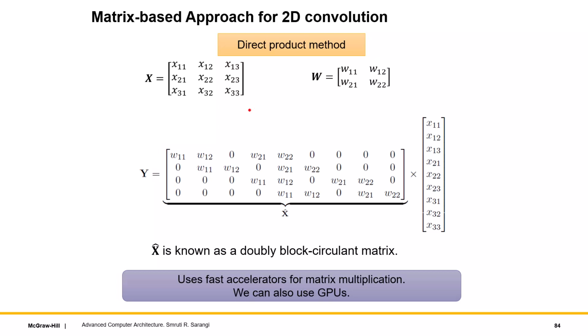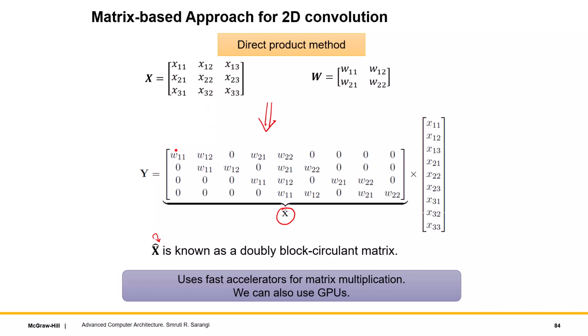Matrix multiplication is very common, GPUs are optimized to deal with it, and there is a lot of matrix multiplication hardware, so it is always good that even if there is a little wastage in space, we convert this to an equivalent matrix multiplication problem. What is done here is that a doubly block circulant matrix called X hat is created, where you arrange these terms in such a way that the output is nothing but a 2D convolution.